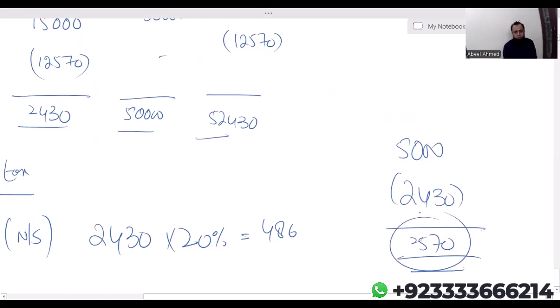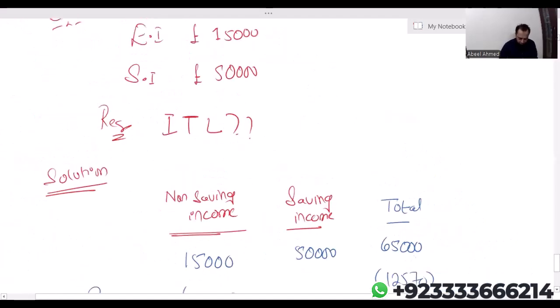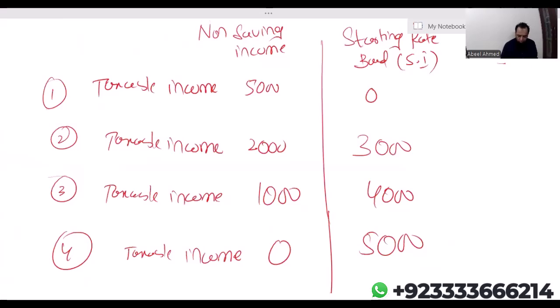Still 2,570 starting rate band is available for the saving income. In the previous question, we had the entire 5,000 because the taxable income in non-saving was 0. Earlier, when taxable income in the column of non-saving was 2,000, starting rate band was 3,000.